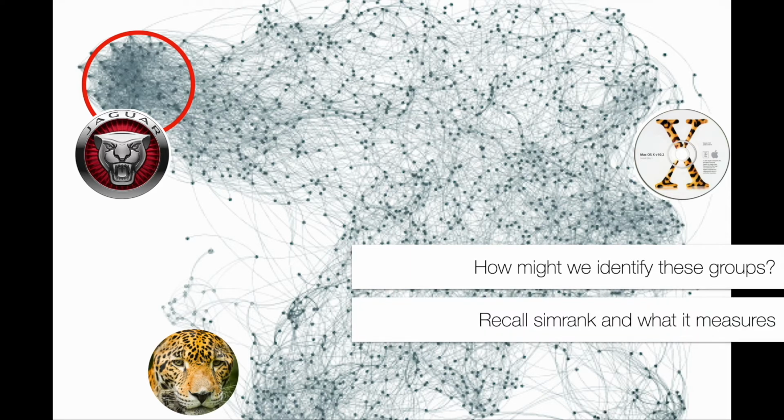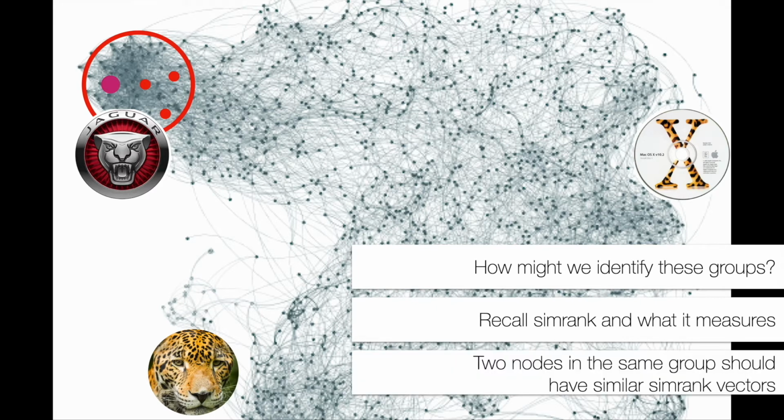SimRank says for a given source node, where are you likely to end up? So if you start off at this product in the Jaguar case, maybe you're likely to end up at this node that has the highest SimRank, or this node that has the second highest, or the third highest SimRank value.